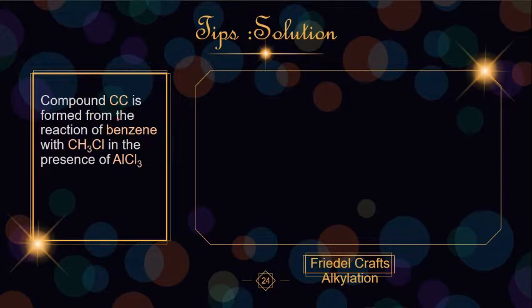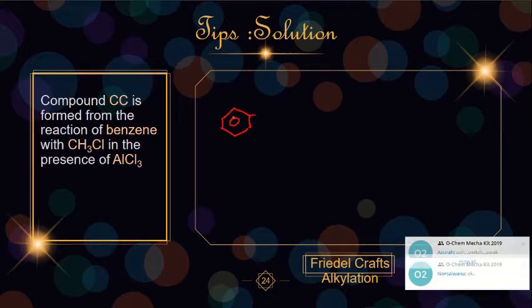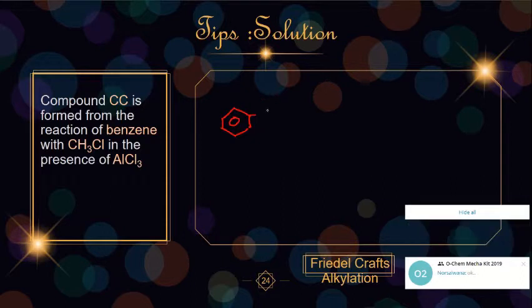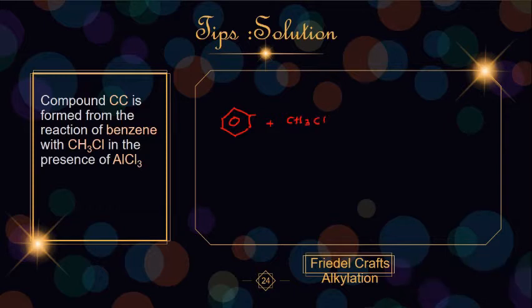Okay, compound CC is formed from the reaction of benzene with CH3Cl in the presence of AlCl3. So this is benzene. Okay, this is benzene. So react with CH3Cl, using the catalyst AlCl3.